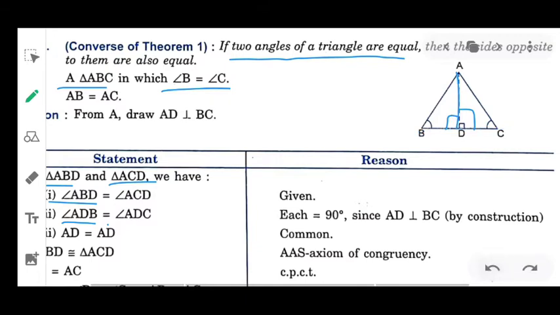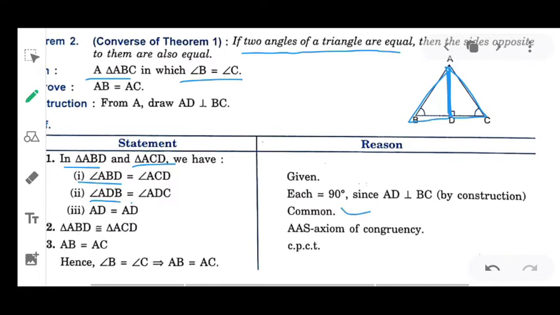Now side AD is common between the two triangles ABD and ACD. They both share one common side, AD. So AD equals AD, that is common. Now triangle ABD is congruent to triangle ACD by AAS, the angle-angle-side axiom of congruence.